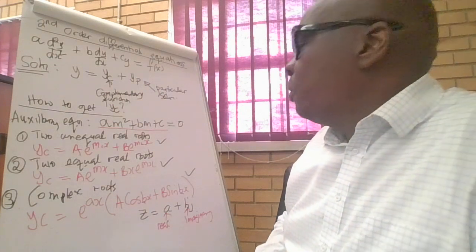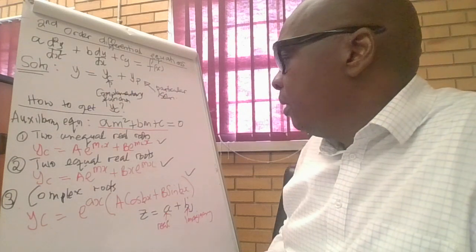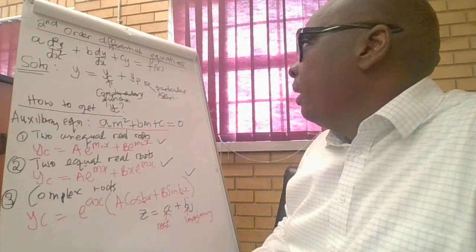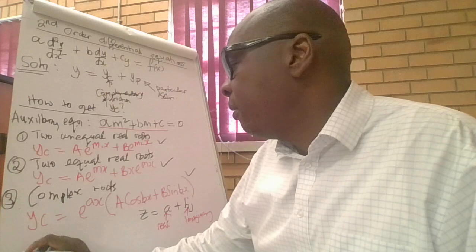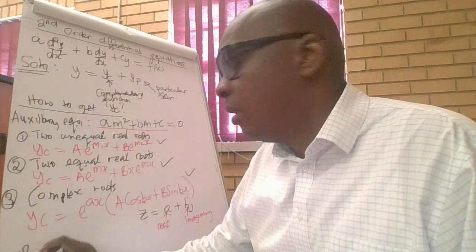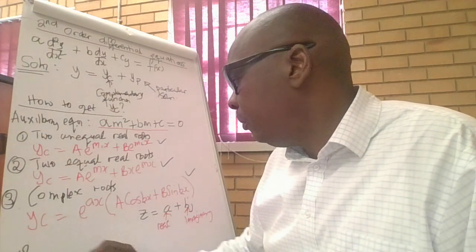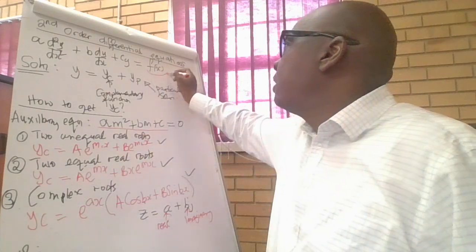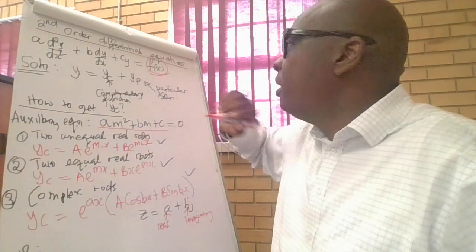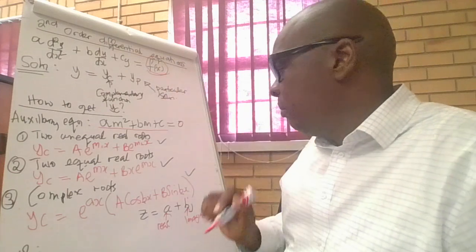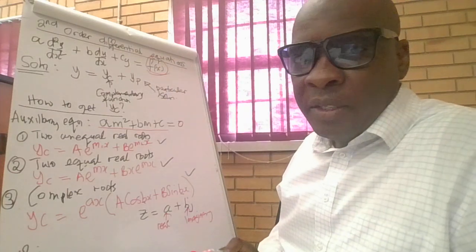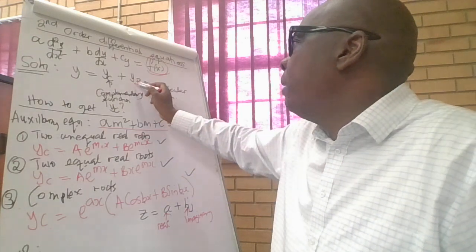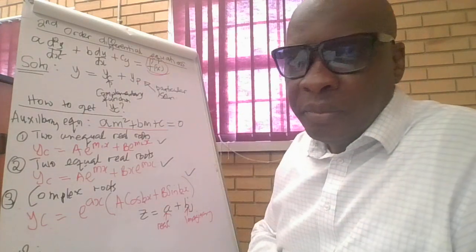Now, it is also important to note that if f of x from the second order differential equation is equal to 0, then it follows that your yp is also equal to 0.